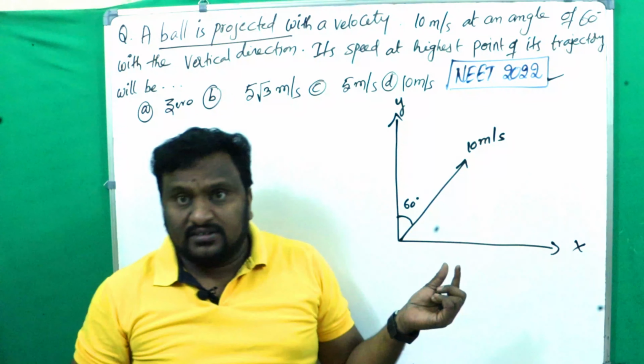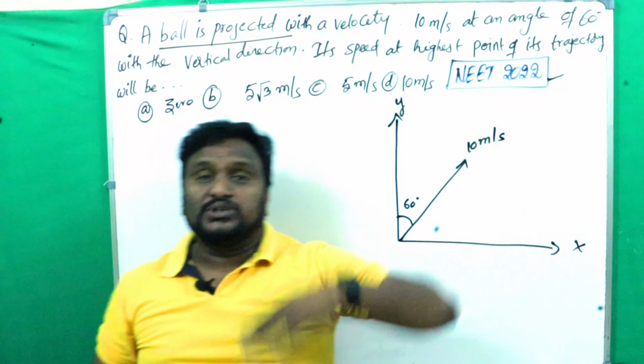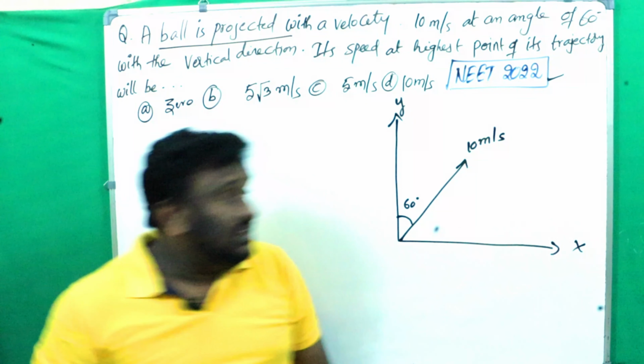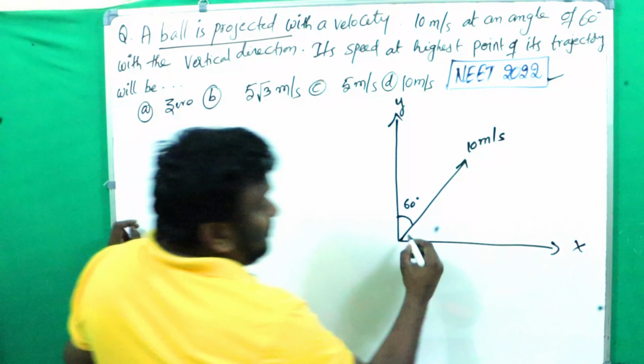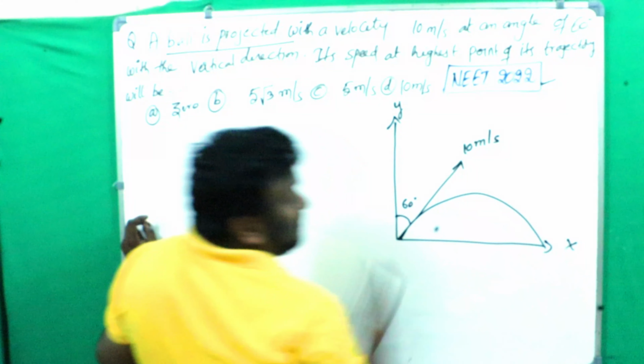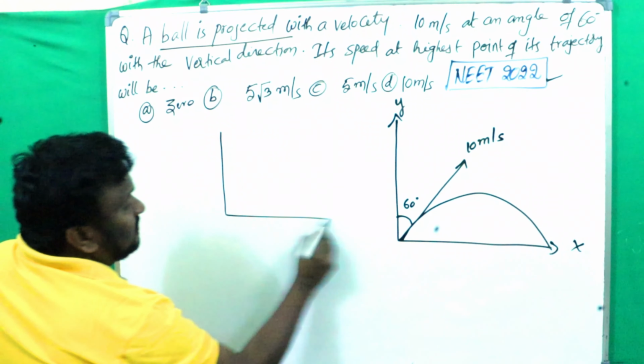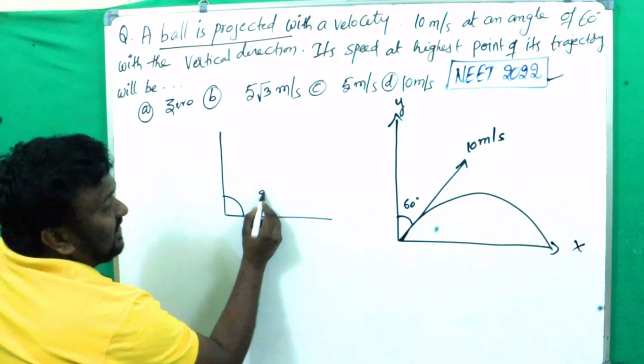Already we know that if any body is projected into the air at some angle with the horizontal, then it reaches the ground along the path of a parabola. Observe here: the total angle is 90 degrees.